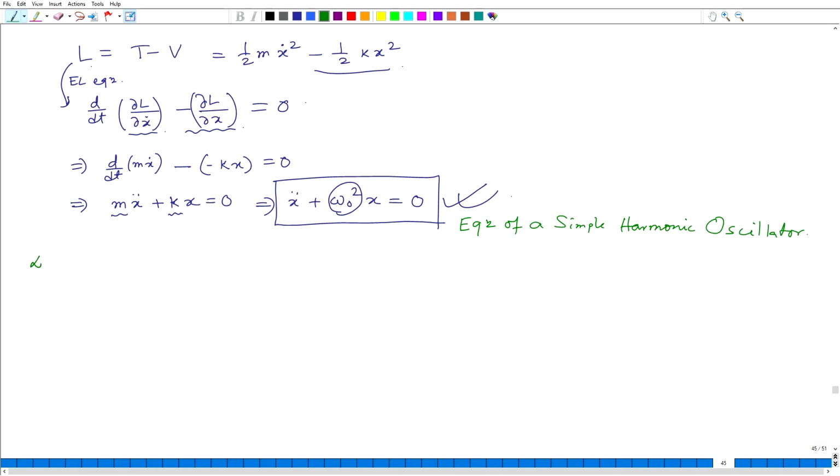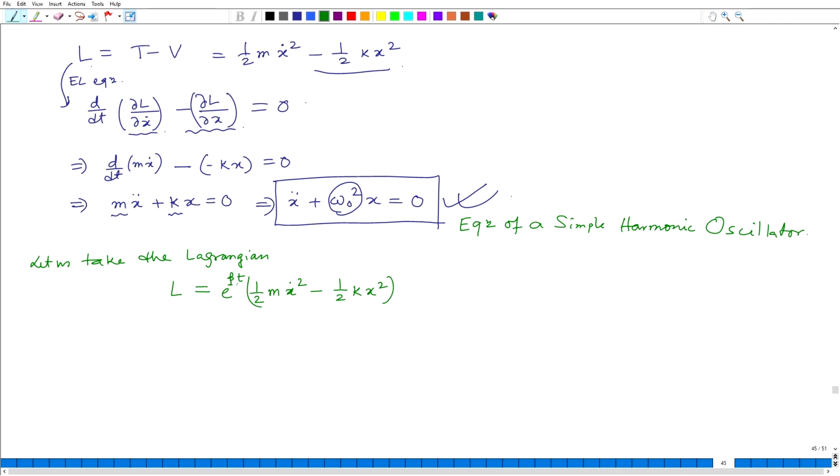So, let us take the Lagrangian L is equal to half m x dot square minus half k x square, times e to the beta t, where beta is a constant.